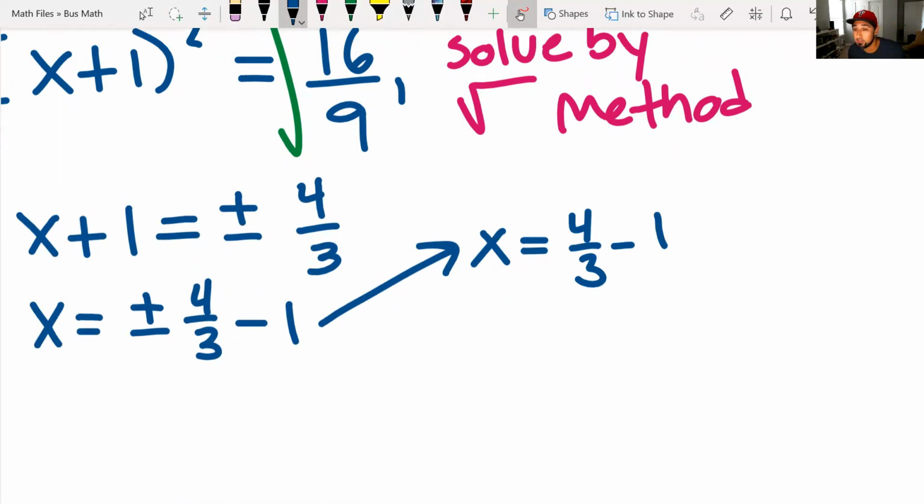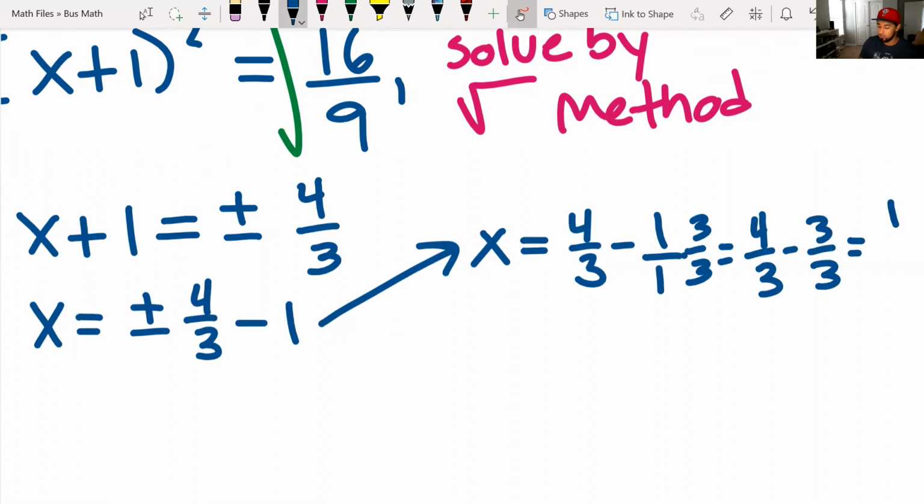X equals positive 4/3 minus 1. Put 1 over 1, multiply by the common denominator of 3. We get 4/3 minus 3/3, which gives me 1/3.